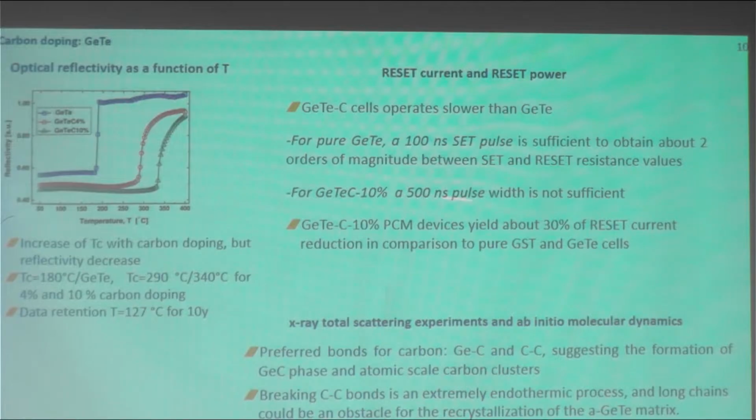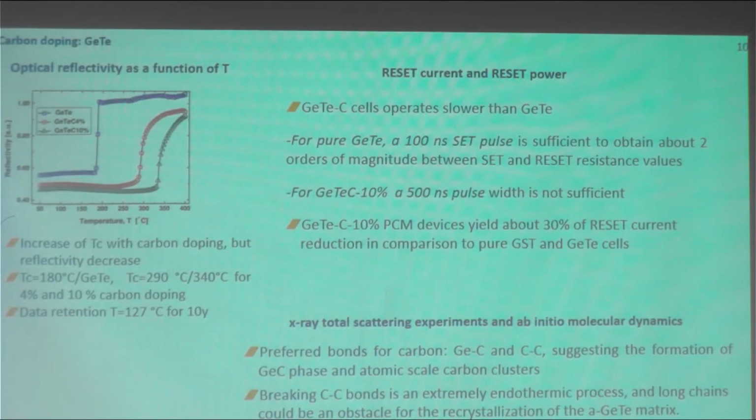But carbon in germanium telluride yields about 30% reset current reduction compared to pure GST and germanium telluride.